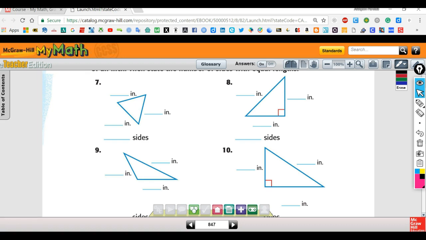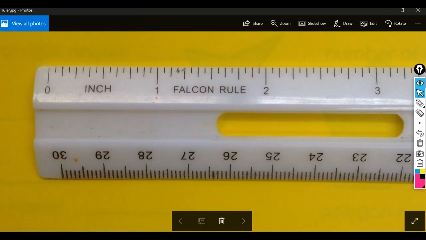Okay. Again, we're technically only doing fourths. So this line here would be 1/4 again. This line here would be 2/4 or a half. This line here would be 3/4.